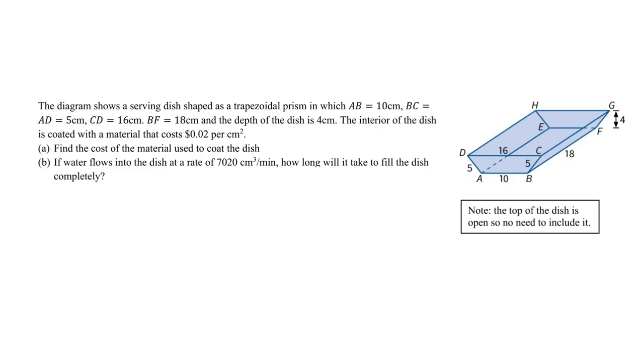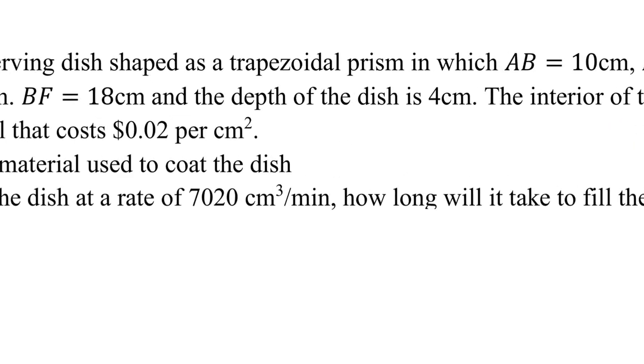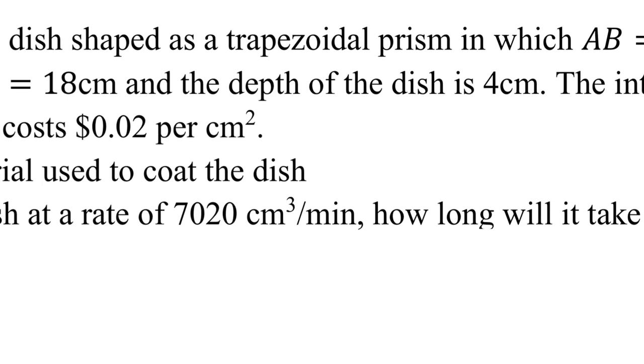We are going to coat the interior of this dish with a material that costs 2 cents per cm square. Okay, so take note that the unit is per cm square. That gives us a clue actually.